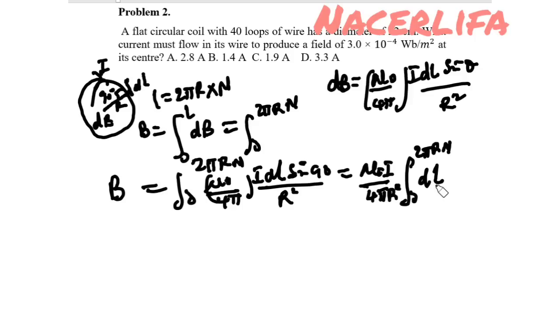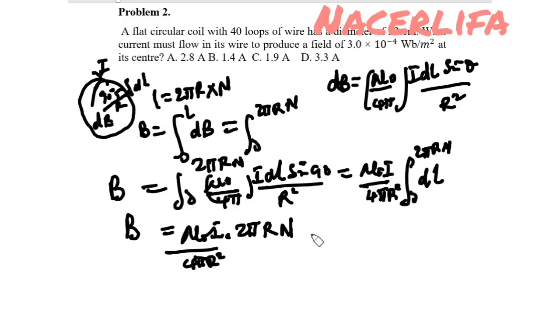And if you perform this integration, you have that B is mu naught I upon 4 pi r squared, integrate this, you have L, you have 2 pi r N. So when you cancel like terms, you have that B is mu naught N I upon 2R. So this is the magnetic field strength for a circular coil or a current loop.